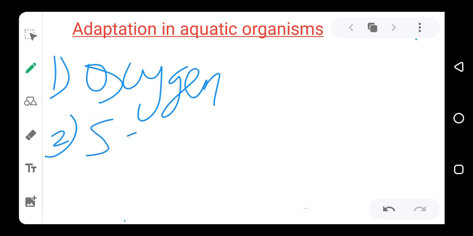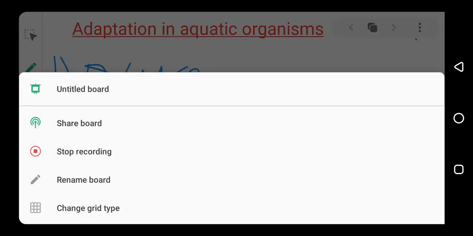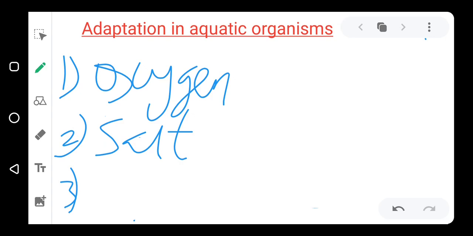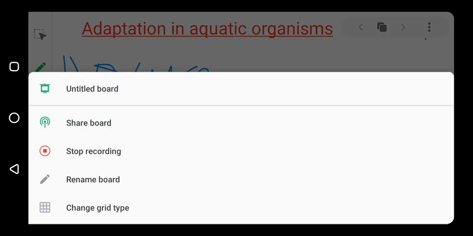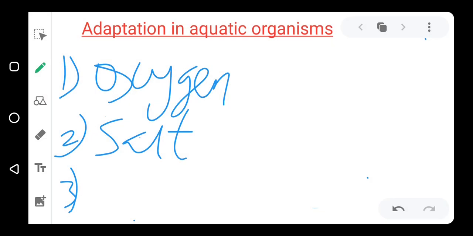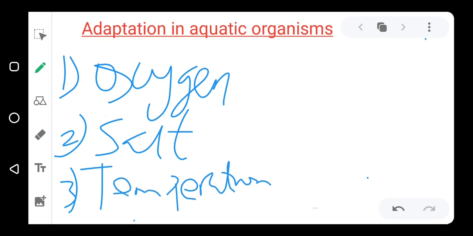So we have the issue of salt concentration, and we also have the issue of temperature. How do these organisms obtain their oxygen?